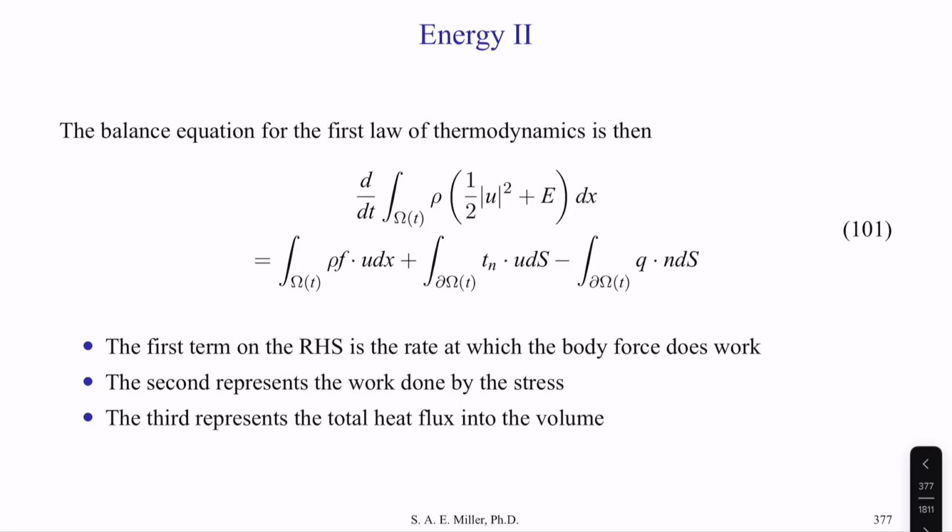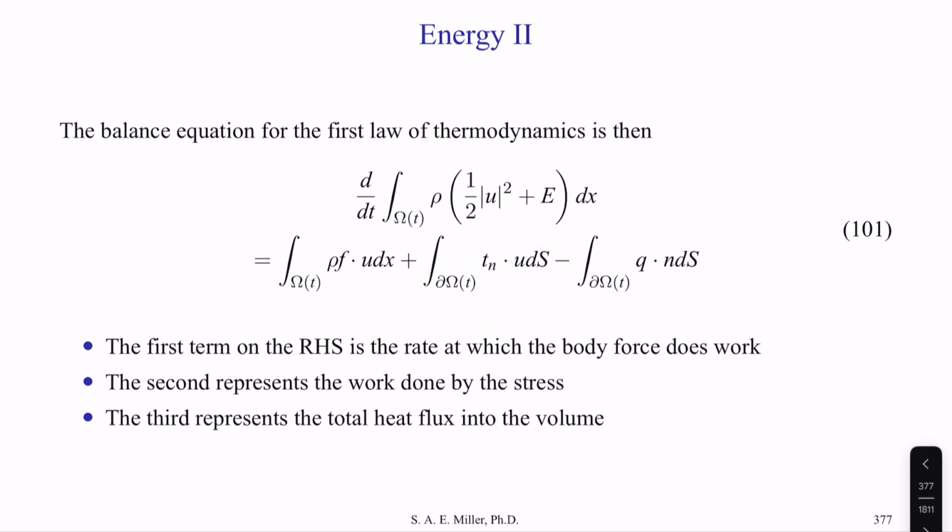The first term on the right-hand side is the rate at which the body forces perform work, denoted by this volumetric integral. The second term is the work done by the stresses, Tn, which we discussed previously, in a surface integral.